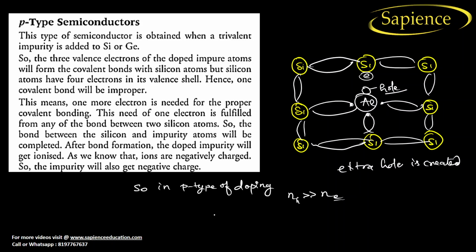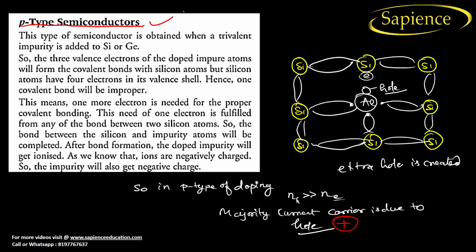So we can say that the majority current carrier is the hole, and this is considered as the p type semiconductor. Since the hole is positive, that's why it is considered a p type or positive type semiconductor.